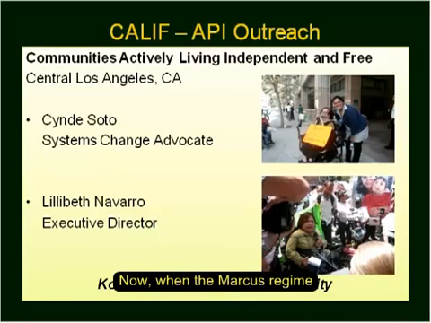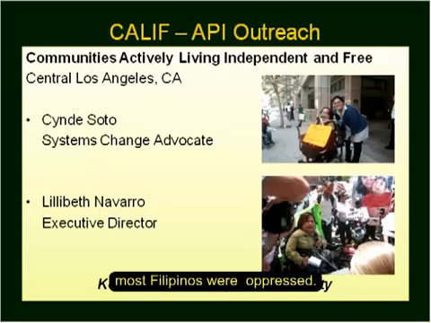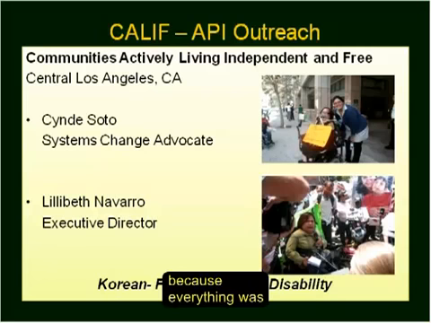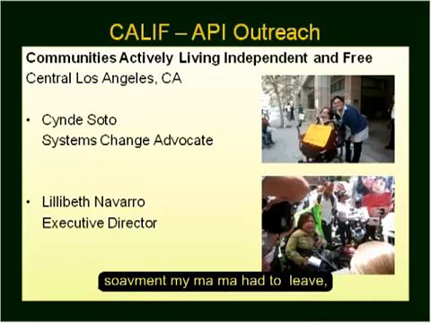Now, when the Marcos regime started, and that was about 20 years, most Filipinos were oppressed. Even my family had to disperse because our own economy could not sustain the people anymore, because everything was corrupt, and the powerful lorded it over our people.